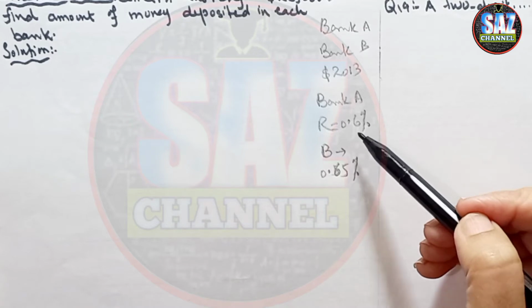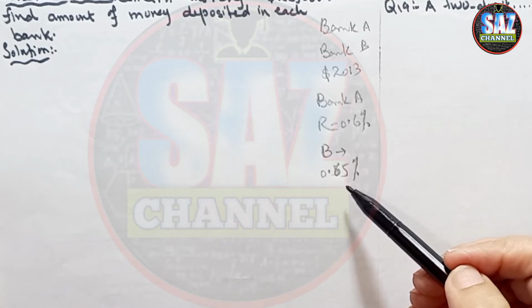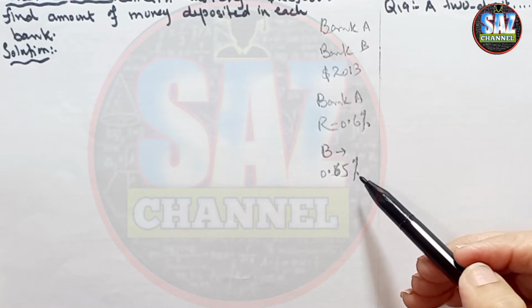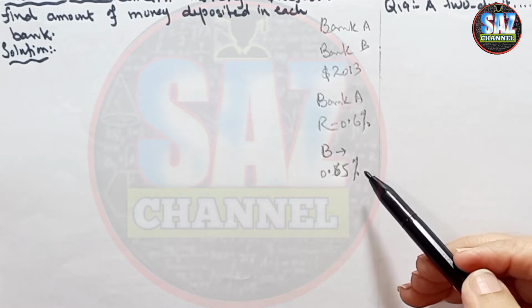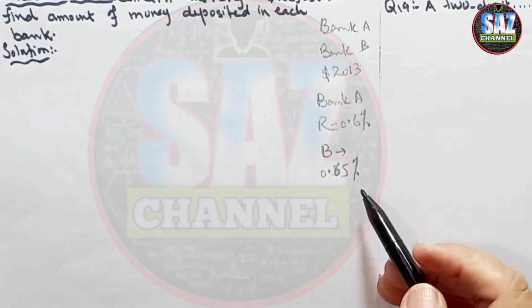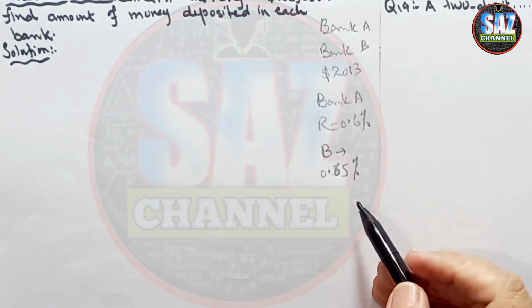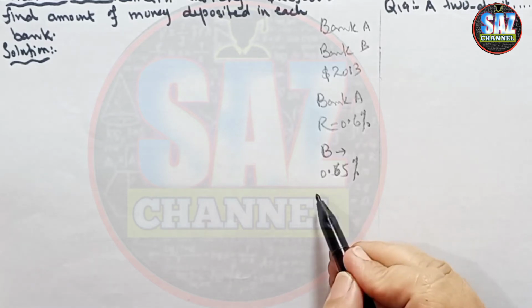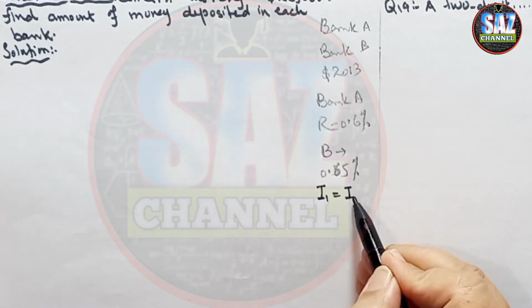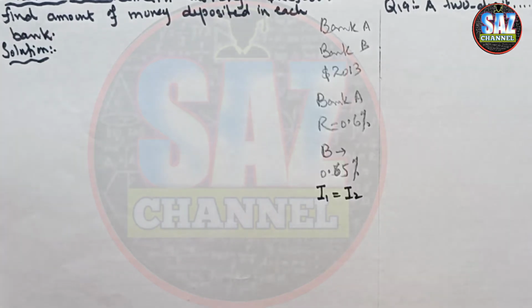Per annum means per year, and interest rate for Bank B is 0.65% per annum. At the end of the year 2013, the amounts of interest that he gets from the two banks are the same. That means I1 at the end of 1 year will be equal to I2. So we have to find the money he is depositing in both the banks.